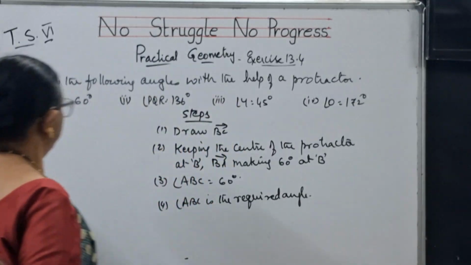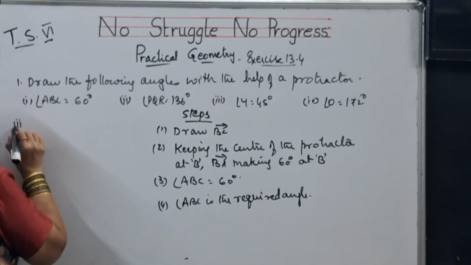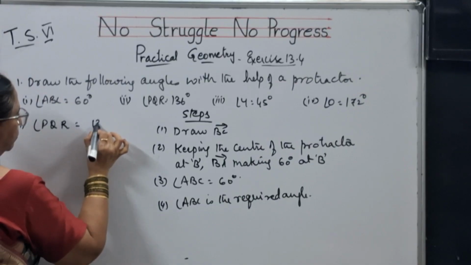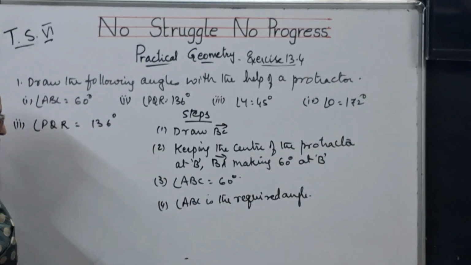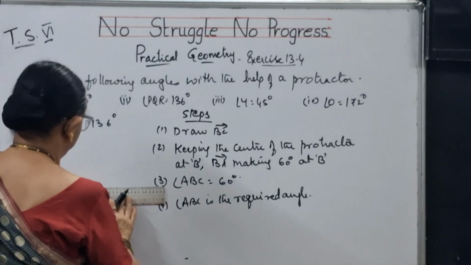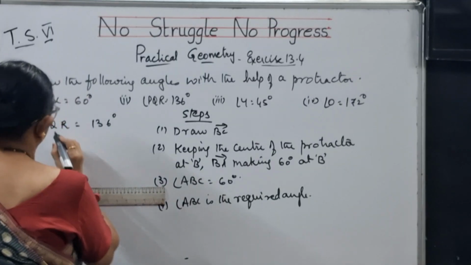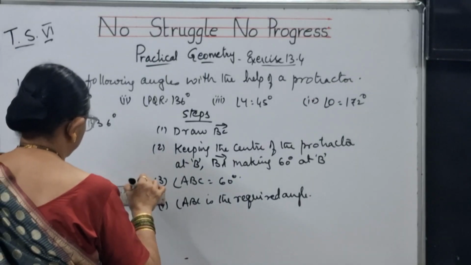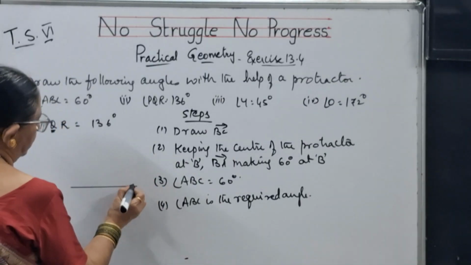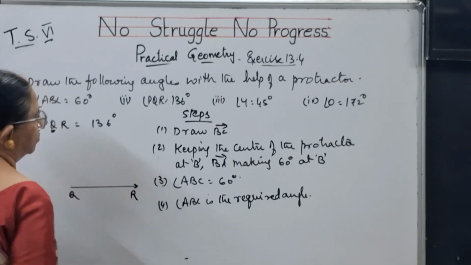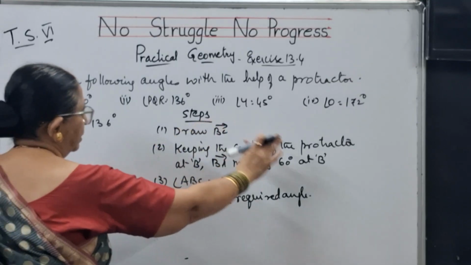Now second one, angle PQR is equal to 136 degrees. So what you do, see center one Q. So first what you have to do, you have to draw a ray QR. So steps I did not change.